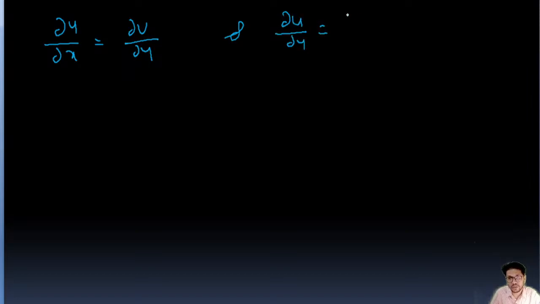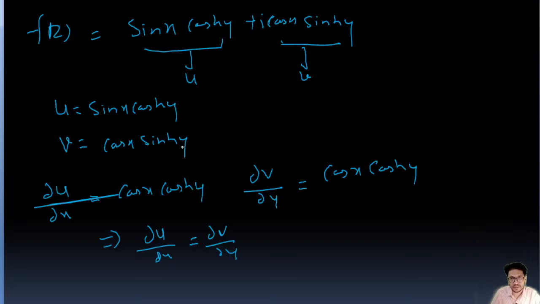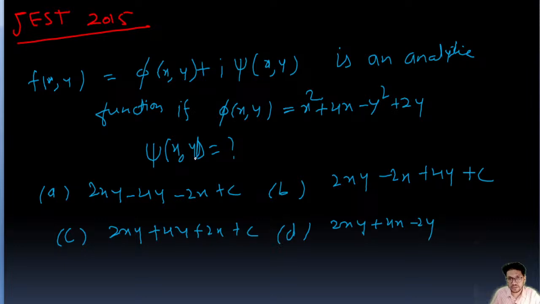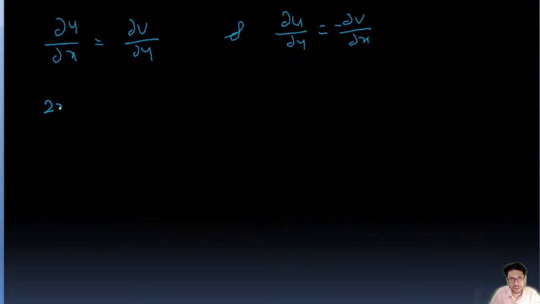So we'll write it. First we'll use the CR equations, which we know: del u over del x equal to del v over del y, and the second equation, del u over del y equal to minus del v over del x. So del u over del x, where u is given, is going to be 2x plus 4.